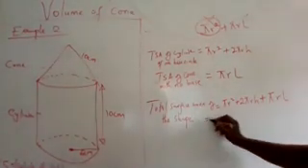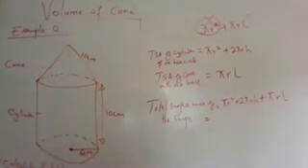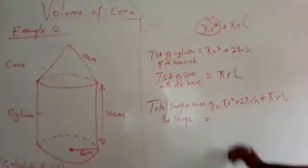So of course, let's assume we're told to take pi to be 22 over 7.